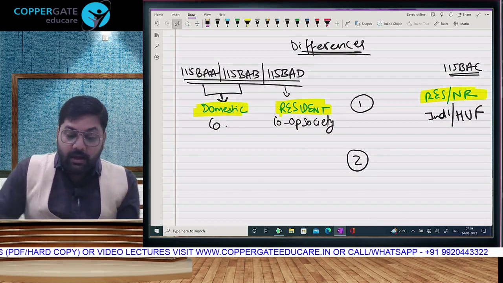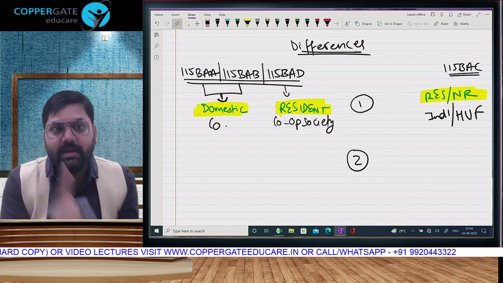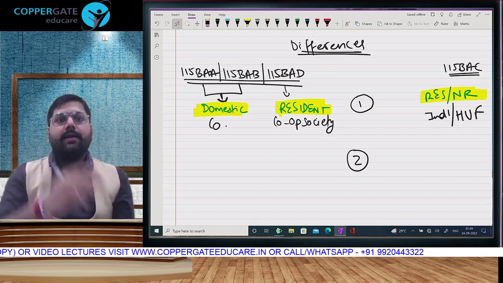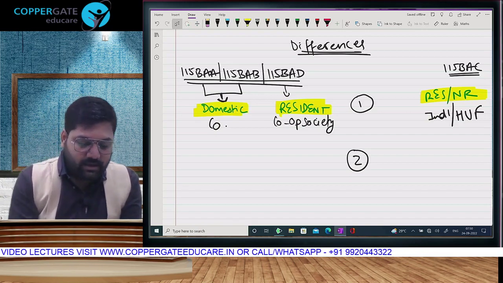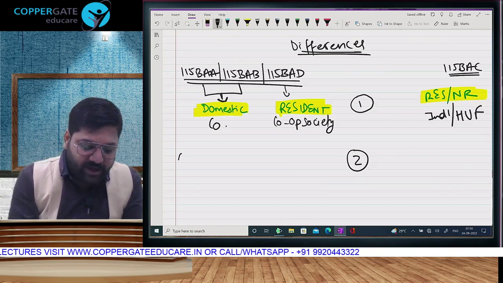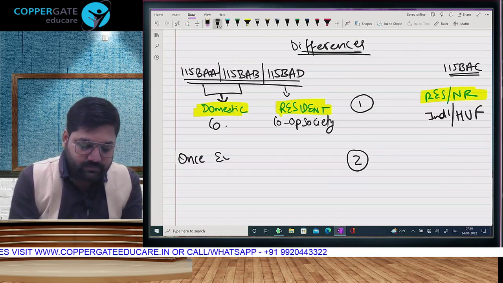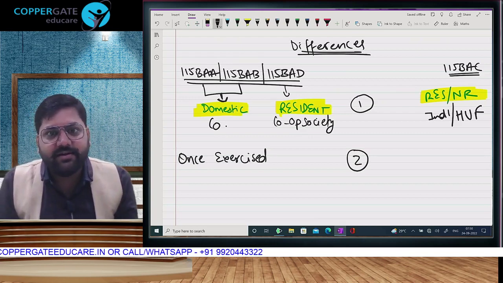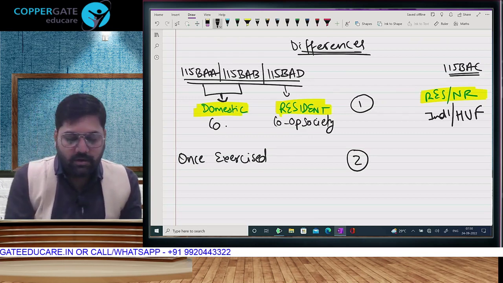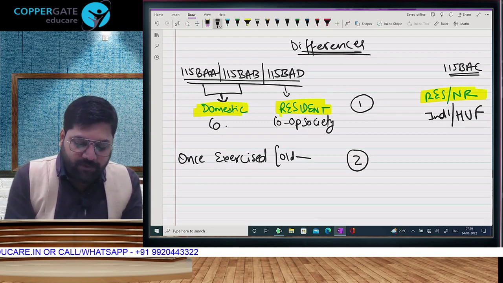Second, in these 3 sections, that is BAA, BAB, BAD, they say the option once exercised. You exercise your option by filing return before the due date. What do you do? You go from old to new.